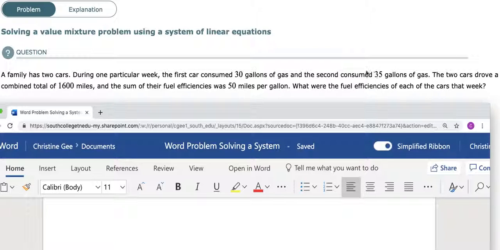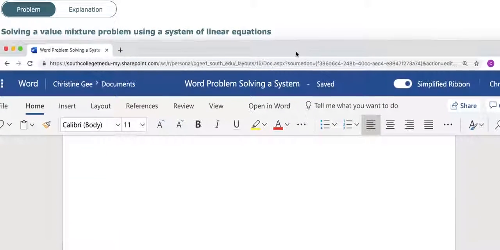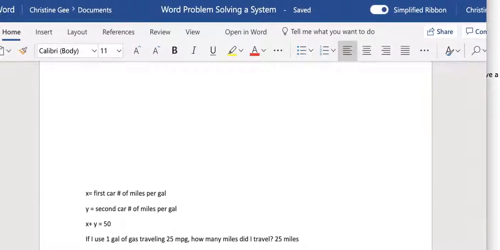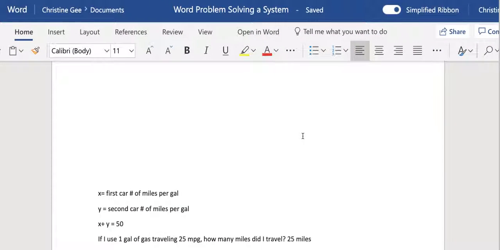So that can help us, though, because if we can get the number of miles per gallon on each car, then that will help us get to the number of miles by multiplying it by the number of gallons. So let's look at that a little bit more closely because that's kind of tricky.